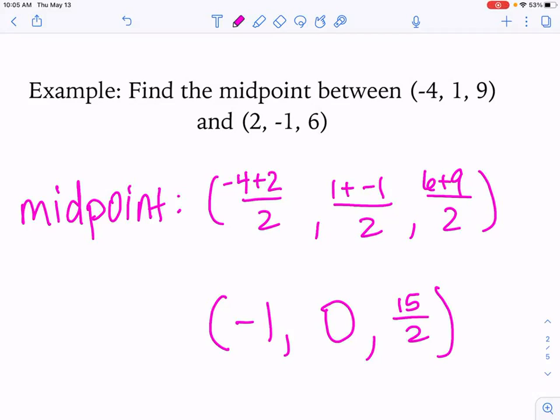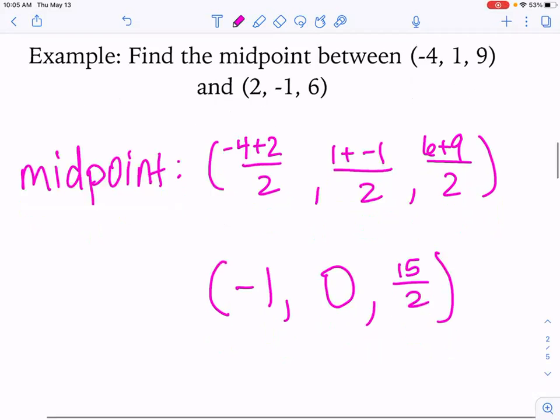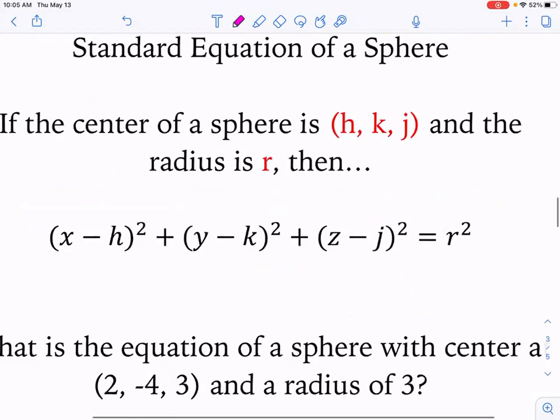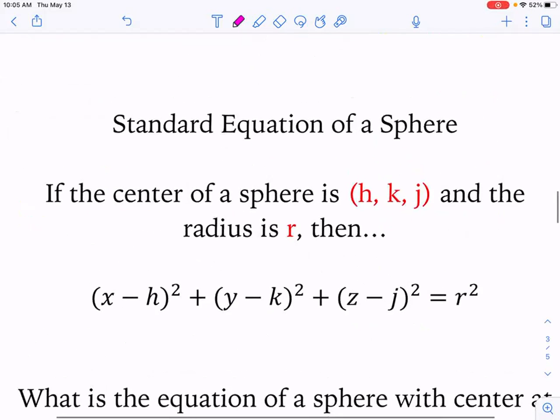Awesome. Okay. In 2 dimensions, we have a circle. In 3 dimensions, it becomes a sphere. So we're going to talk about the standard form of a sphere. It's very, very similar to that of a circle. We just have a 3rd dimension.